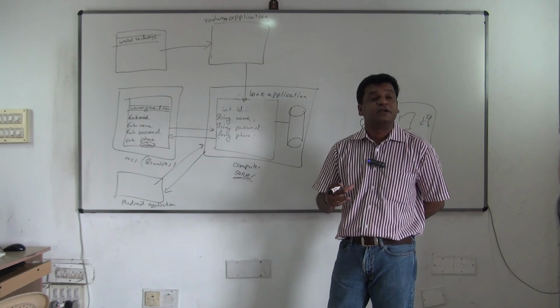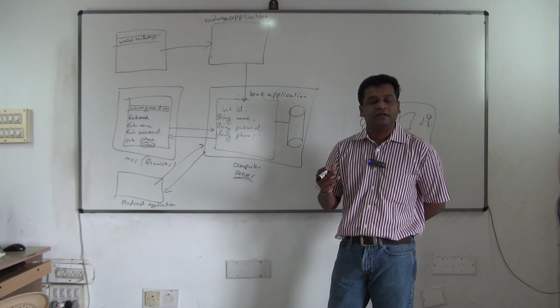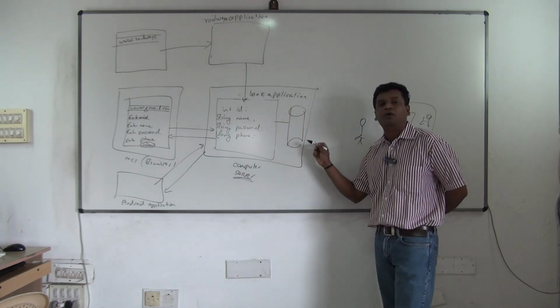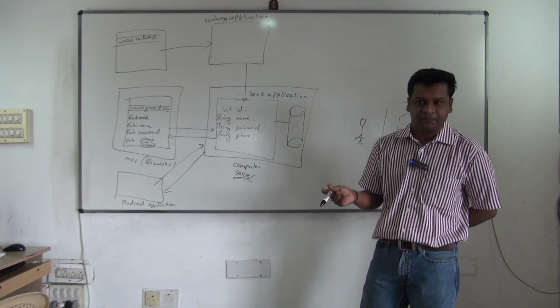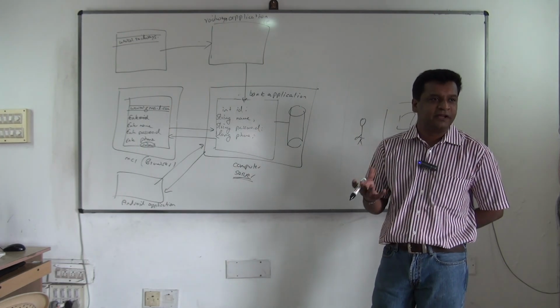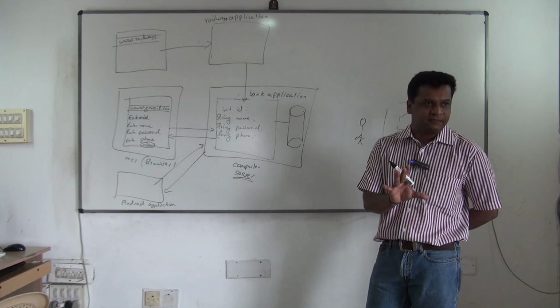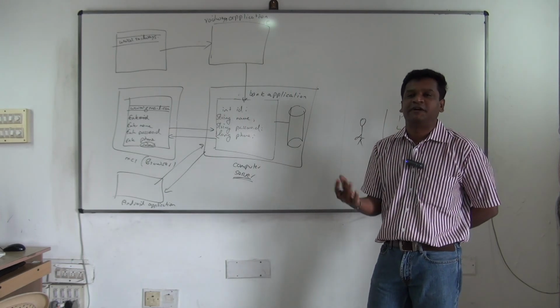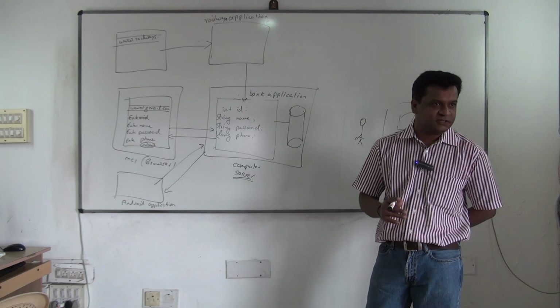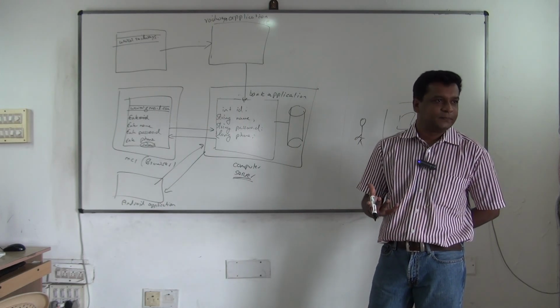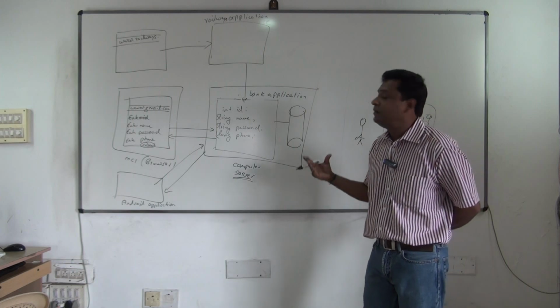In web applications, the idea is you want to share the data with a single organization. That's the whole idea. But sometimes it so happens you want to share the data with multiple organizations. An example is a bank.